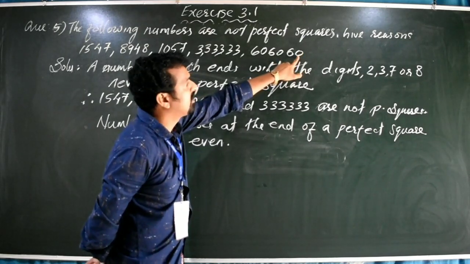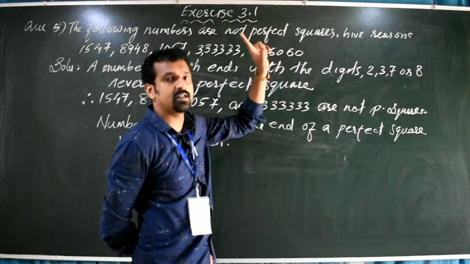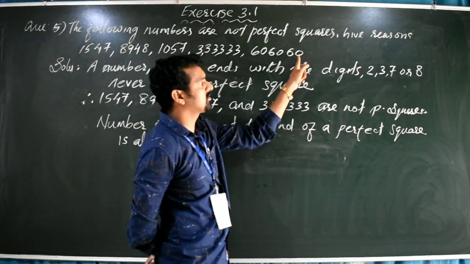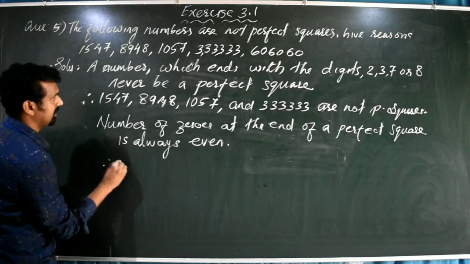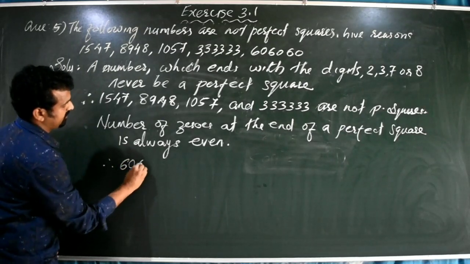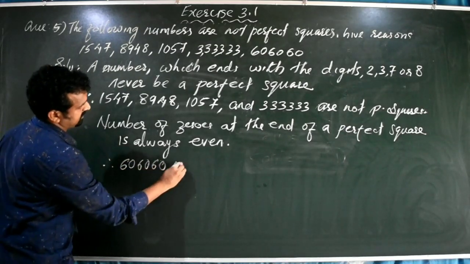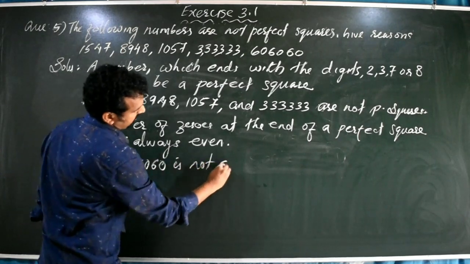But here you see only one zero. One means it is an odd number. So an odd number of zeros means it is not a perfect square. Therefore we can write 6,60,060 is not a perfect square.